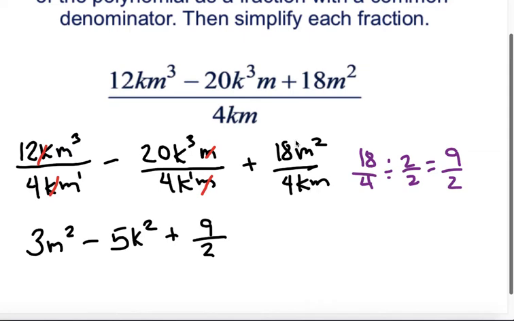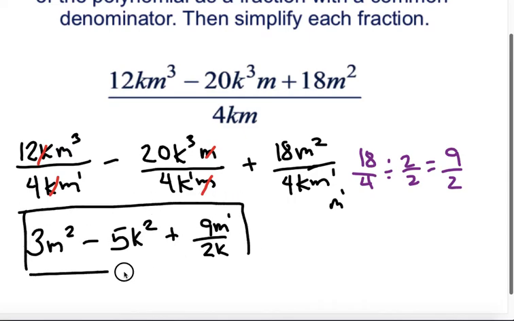Notice there's no k in the numerator to cancel out, so it stays in the denominator. Now we have m squared divided by m to the first, which is m to the first. If it's a positive m to the first, then it stays in the numerator. If it's m to the negative 1, then it stays in the denominator. There are no like terms, so that's your final answer.